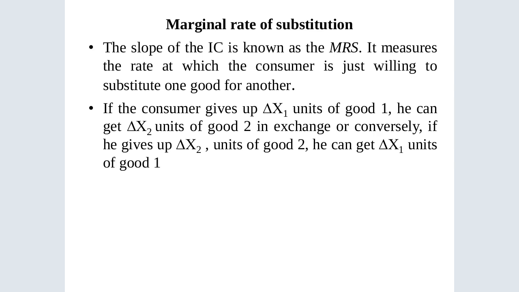Then we discussed how you can draw the budget line on a Cartesian plane. And of course, we discussed the slope of the budget line, which is simply the ratio of the prices of the two commodities.